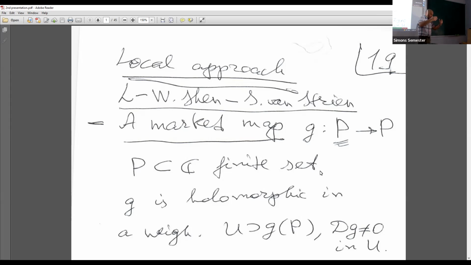And what does it mean, contraction in the Milnor distance? You have two pairs of p points. Each pair corresponds to a pair of Riemann surfaces.